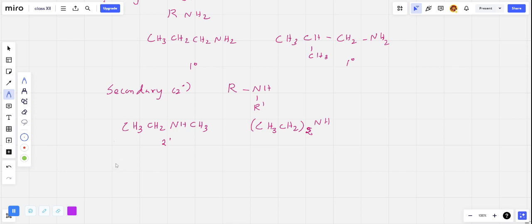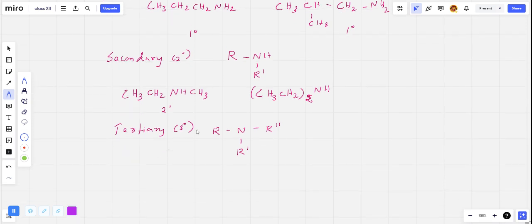And then the third classification, tertiary: N, R, R dash, R double dash. This is a tertiary amine. For an example, CH3, CH2, CH2, N, with one CH3 and here CH2, CH3.